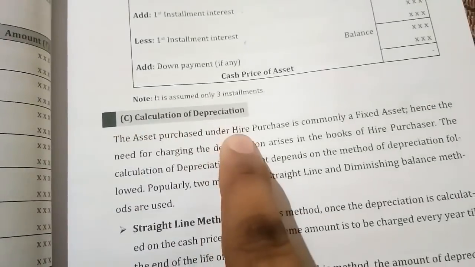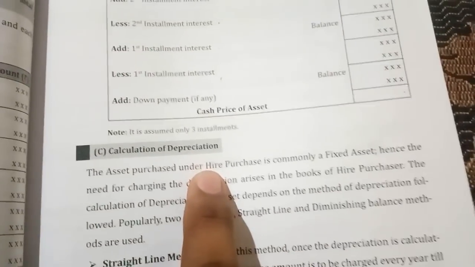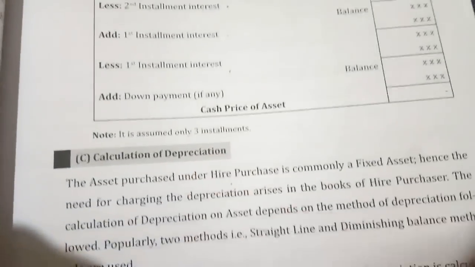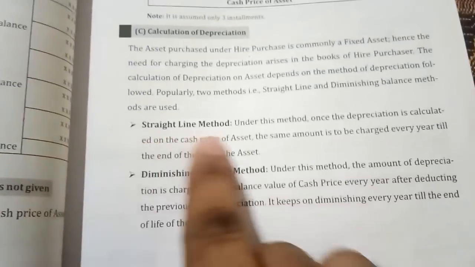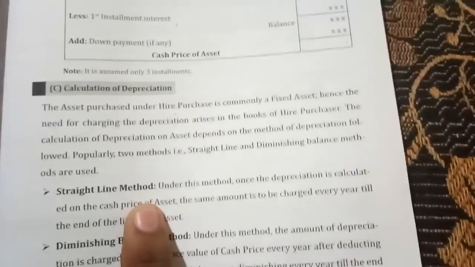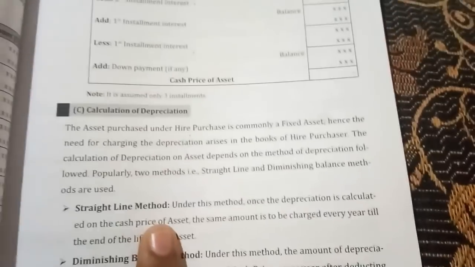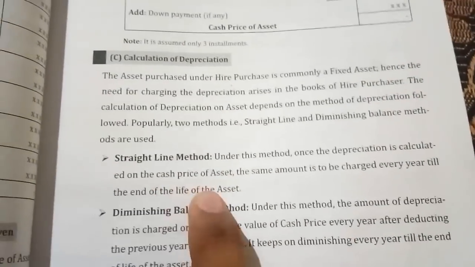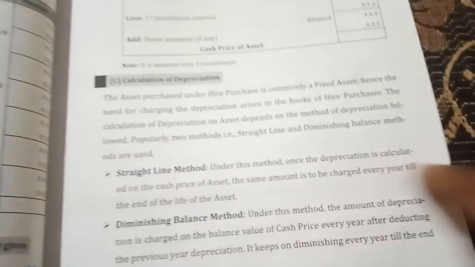Then we have calculation of depreciation also, because it is machinery which we are purchasing or selling. So calculation of depreciation is a must. Say straight line method. Straight line method means the same amount is taken. For example, I can give you 1000 and 10% depreciation. So 100 rupees, 100 rupees, 100 rupees for 3 years.